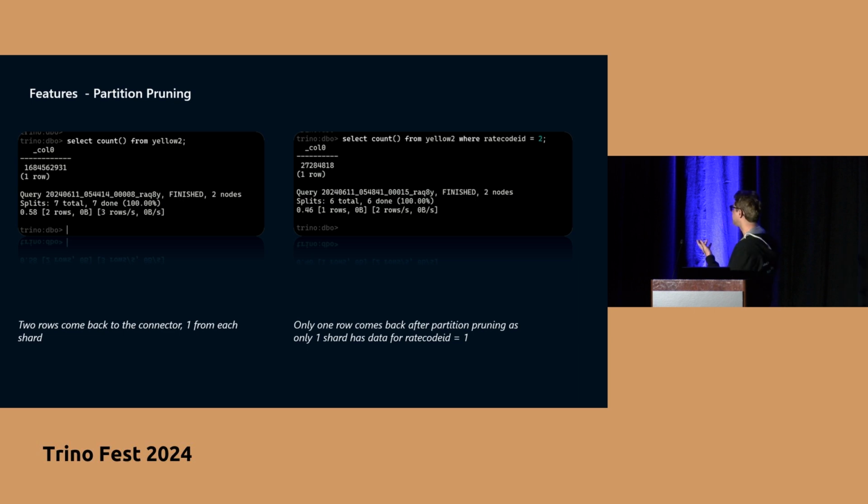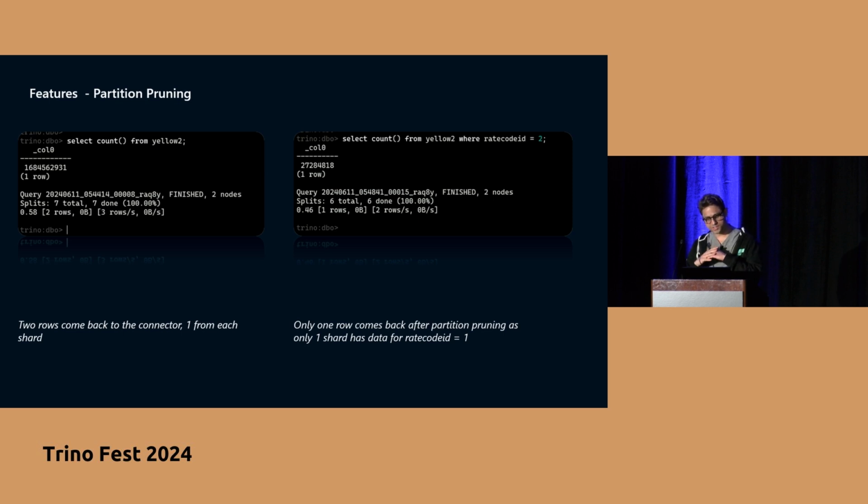A very good example of this is a simple query that I have here. On the left, I'm running a simple count query against this connector, and you'll see that the number of rows I get back is 2. That's because this table, yellow 2, is distributed across 2 SQL servers. On the right, I run the same query, but with a predicate added, which is rate code ID equals 1.